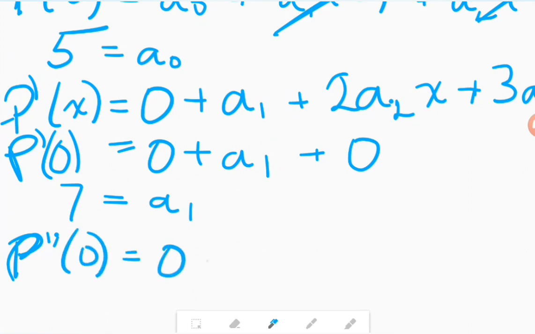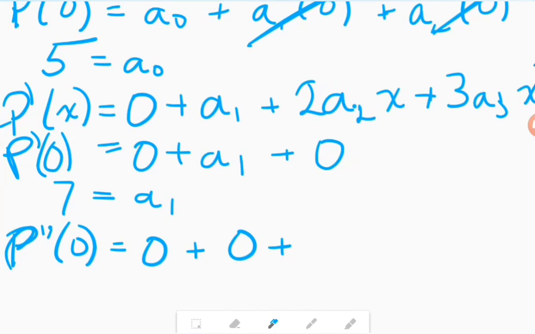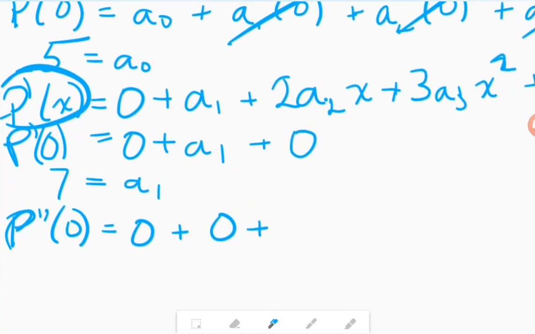So I'm going to take the derivative of p prime now. The first term is 0, so the derivative is 0. a sub 1 is a constant, so its derivative is 0.